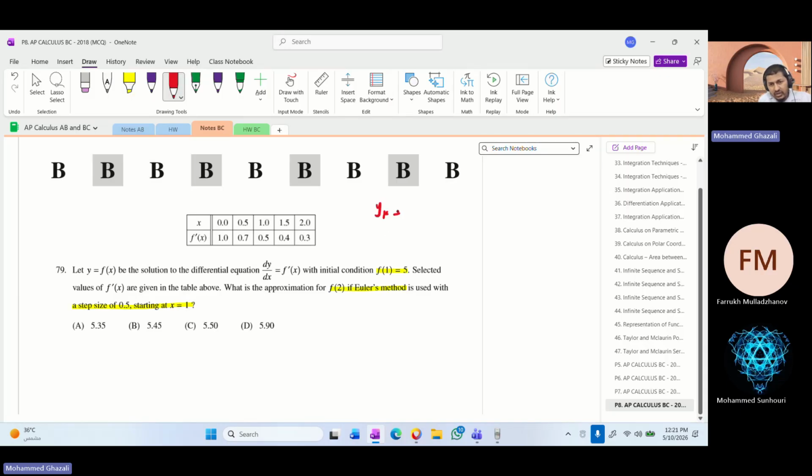Euler's method is y_k+1 equals y_k plus h times the function dy/dx evaluated at x_k, y_k. Now, the nice thing about this is there is no y_k because it's not a function in two variables, just a function in a single variable. So we're going to write down x0, x1, x2.